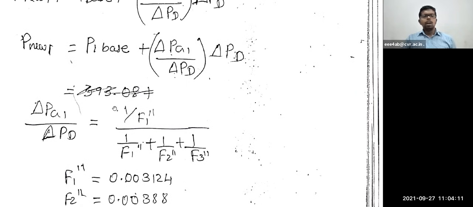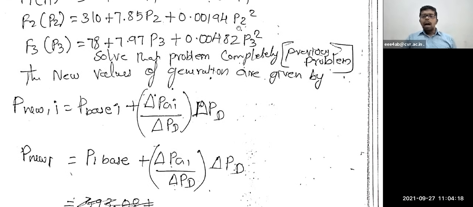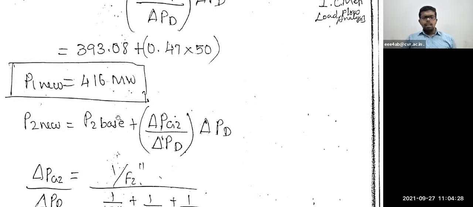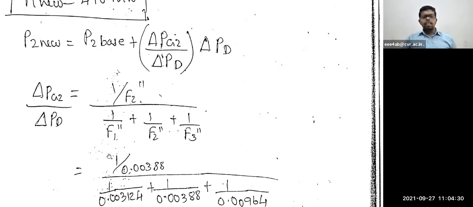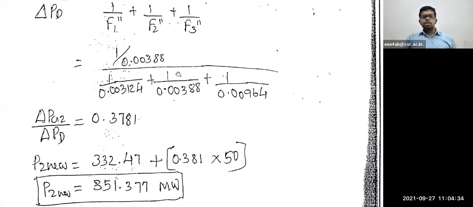Next, similarly, solve for F2 double dash. We need to differentiate this equation with respect to P2 and substitute P2 as whatever value you considered, like the P2 base, some 332.47 megawatt.